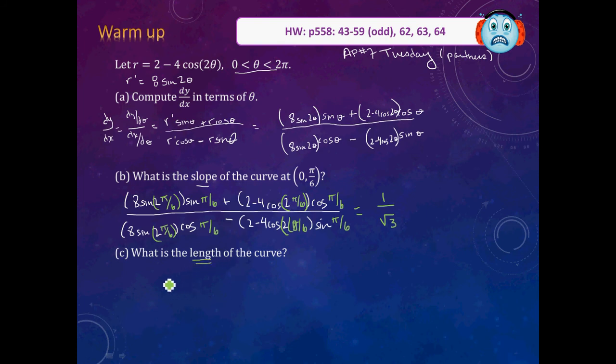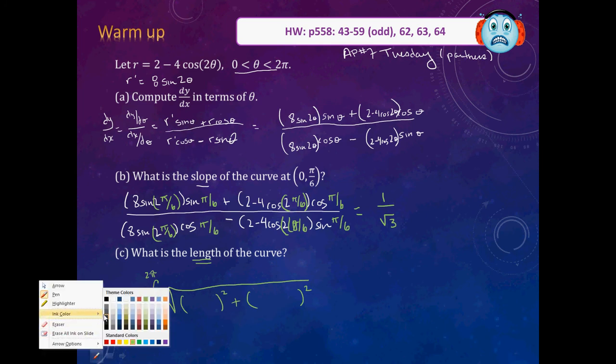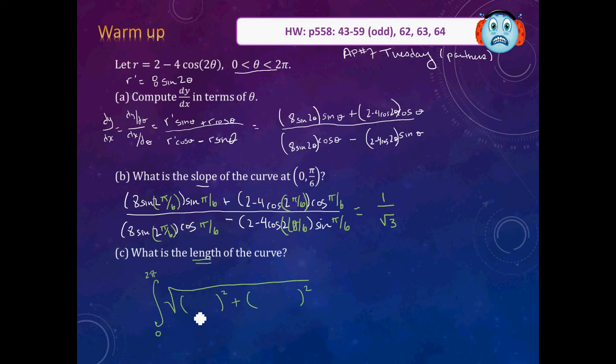Length of the curve. They gave me the domain. And I just have to have r squared and r prime squared, right? So that's 2 minus 4 cosine 2 theta and 8 sine 2 theta, and this would be on your calculator.